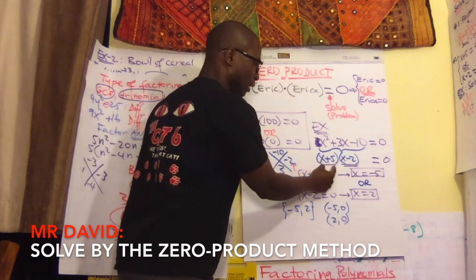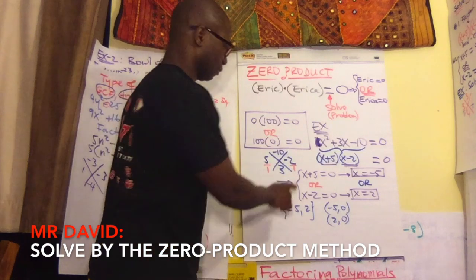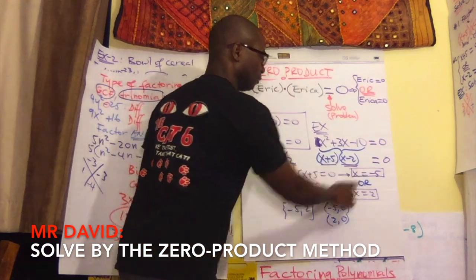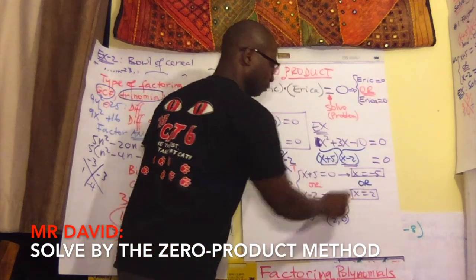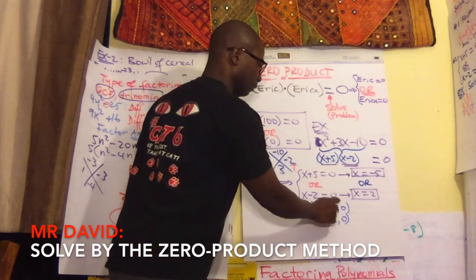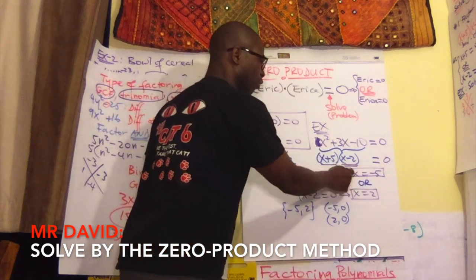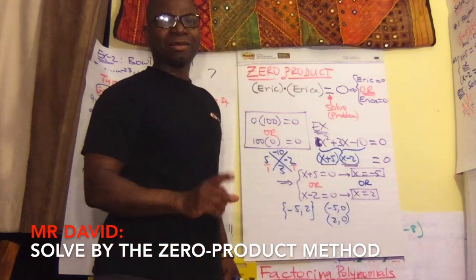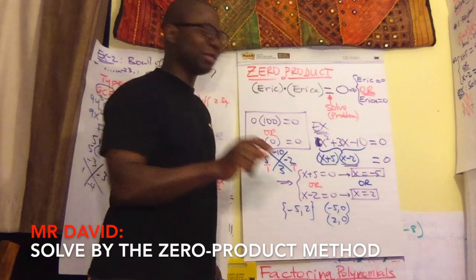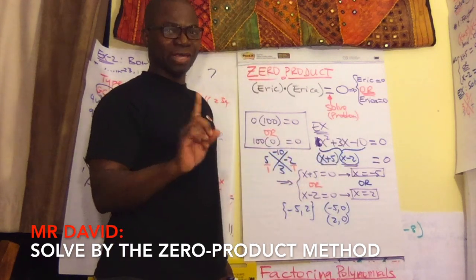We take this one to be 0, or this one to be 0. And we solve. Whatever answer we get for both, we write it. But it's really important that we emphasize the or. It's not both of them.